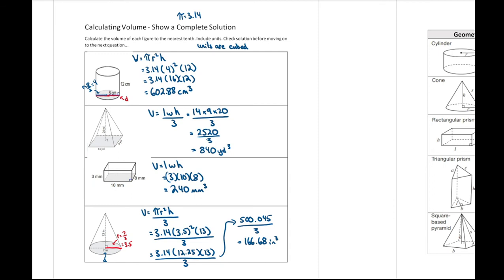So the units will be cubed when dealing with volume, which just means there's an exponent or to the power of 3. But you do have your formula sheet, so as long as you can figure out the correct sides and the correct measurements and put them into the correct spot, it just boils down to a calculation.